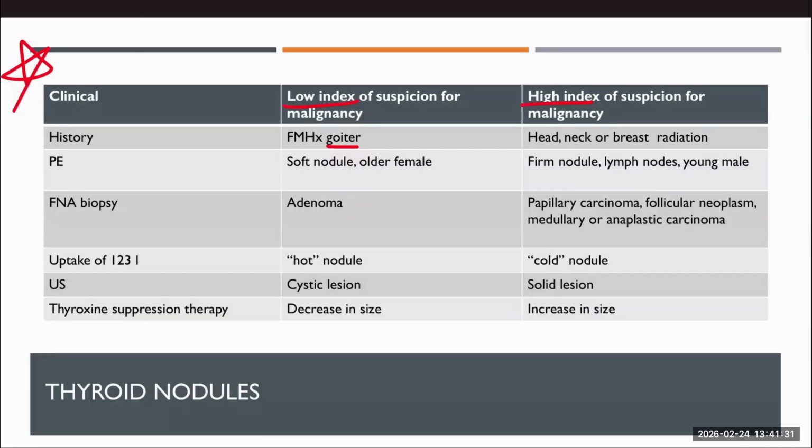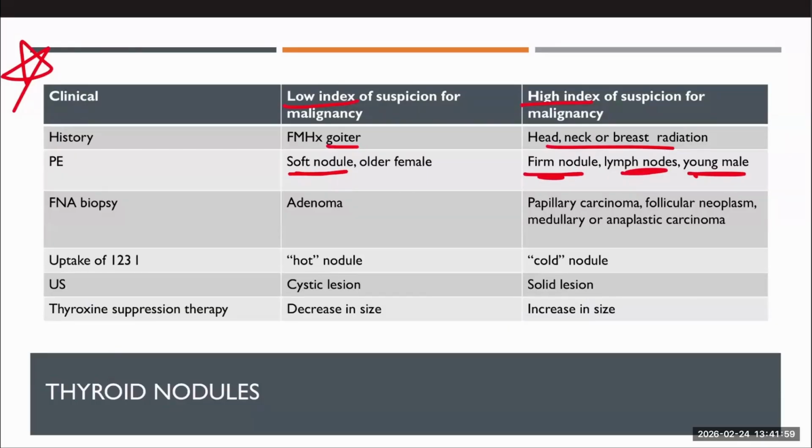However, if they have any history of head, neck, or breast radiation, now your suspicion for malignancy goes up because they've already been irradiated. On physical exam, soft nodule, older female, benign, low suspicion. If it's a firm nodule, lymph nodes are involved, and a young male, it's highly suspicious for malignancy, especially if it's a male.